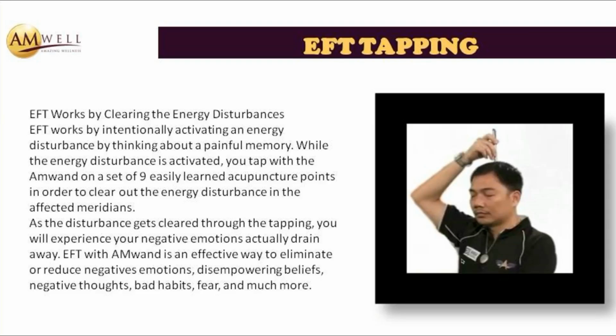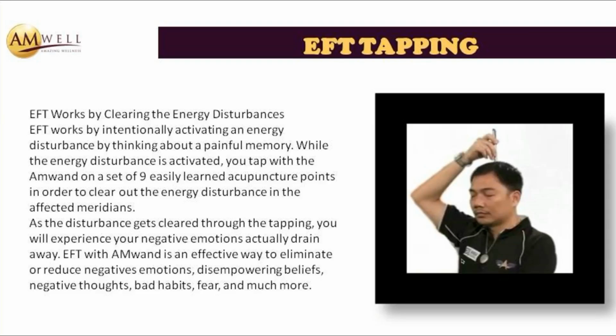While the energy disturbance is activated, you tap with the wand on a set of 9 easily learned acupuncture points, and this helps you cleanse or get rid of disempowering emotions. So EFT tapping is used more for emotional balancing or emotional cleansing. As the disturbance gets cleared through the tapping, you will experience your negative emotions draining away.